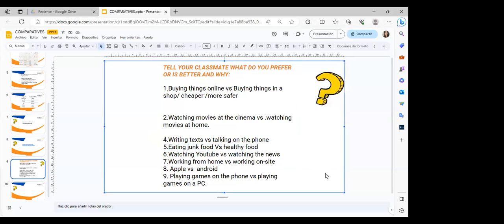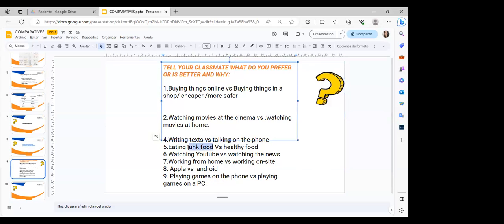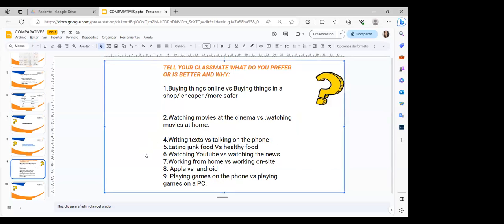Number 5. Okay. So I was asking, what is junk food? Junk food would be like hamburger, pizza, tacos. That is junk food, okay? I prefer eating junk food because it's more delicious than healthy food.